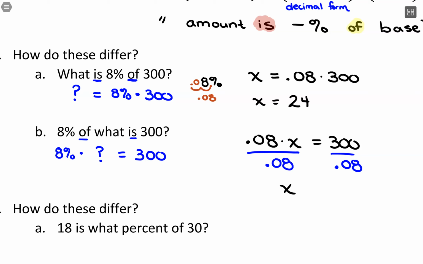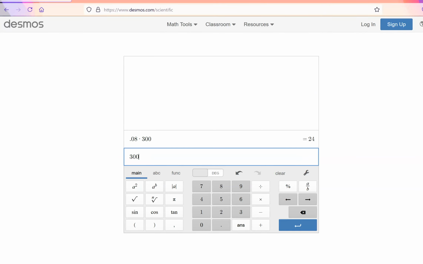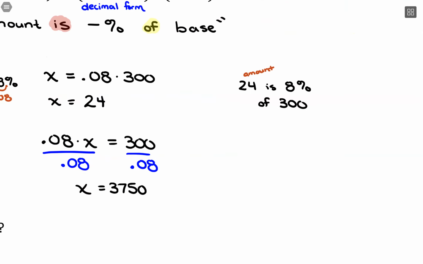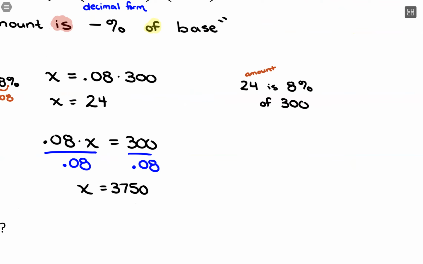So x equals 300 divided by 0.08, which I'll use a calculator to help me out there, which is 3,750. So what we found here is that the amount is 300.